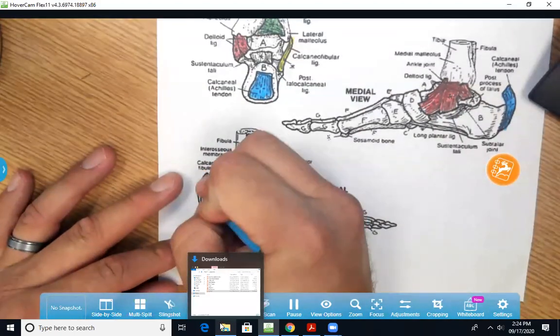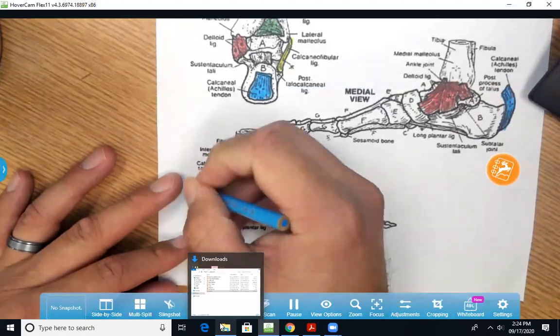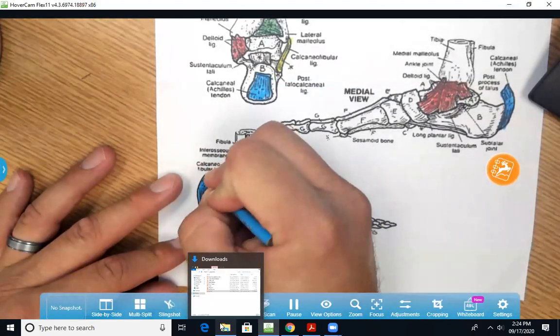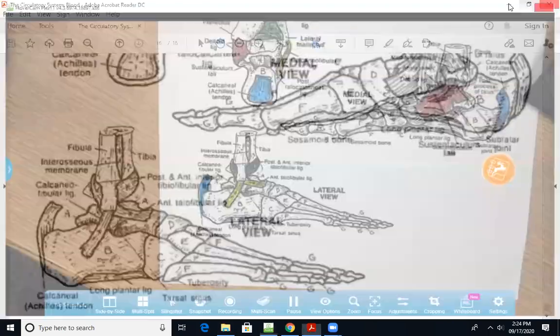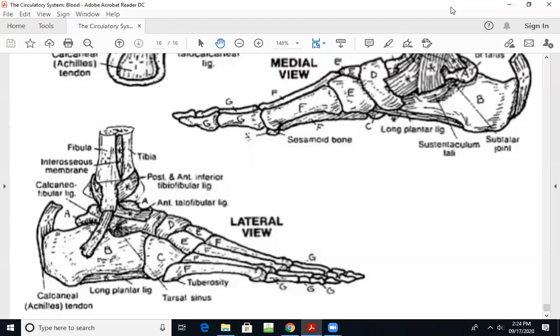Very, very strong tendon. Fortunately, it does rupture from time to time. And that should wrap us up here for our joints lecture. So I'm going to turn off the video.